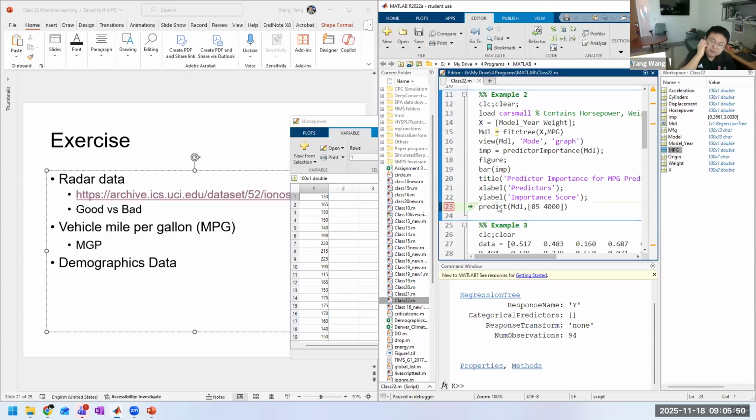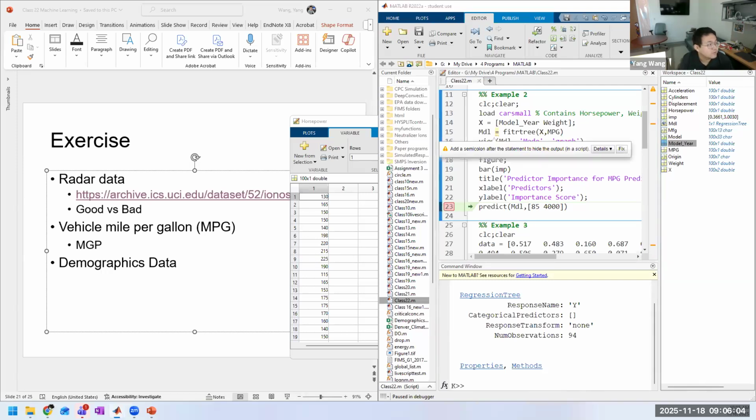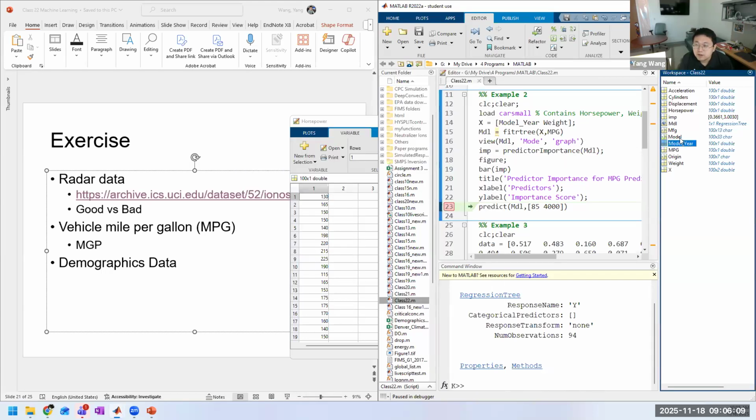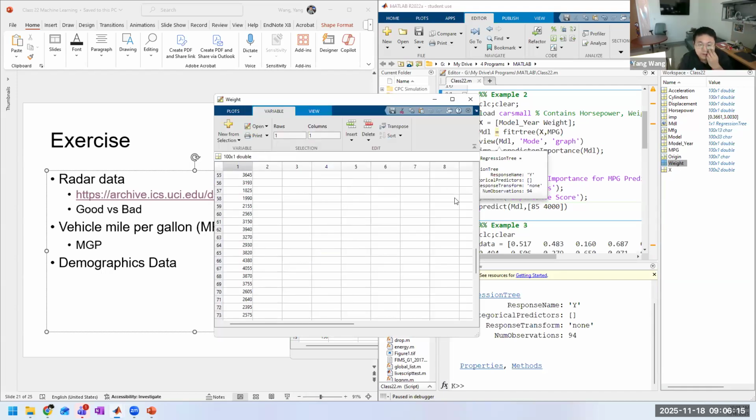So then the problem is, if we now have new vehicle information, how do we predict the MPG, miles per gallon? So we said that if you look at the model year, you have different years of the model, and also if you look at the weight of the vehicle, this is the weight of the vehicle.